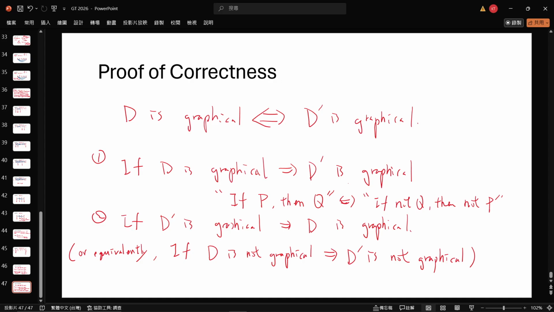So really what this slide shows is that we do not change the answer. If the original answer is yes, then the new answer will still be yes.